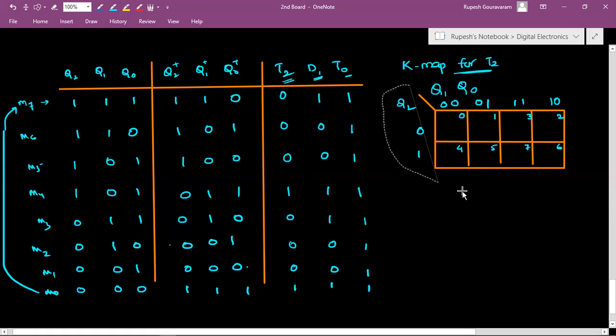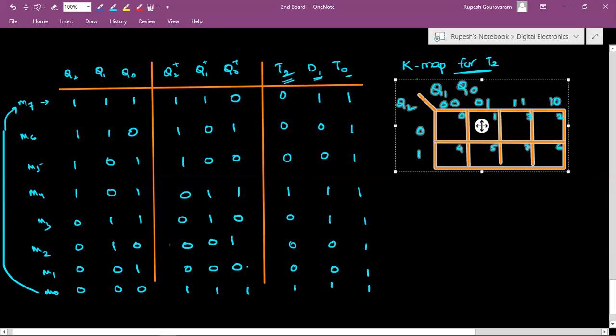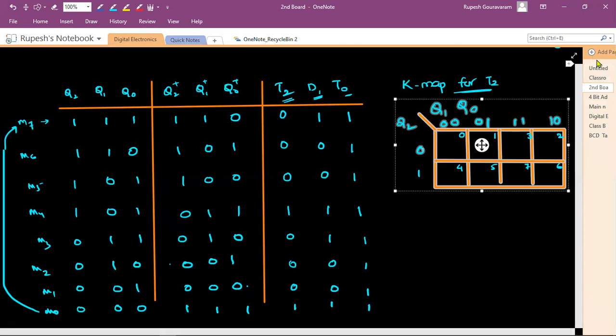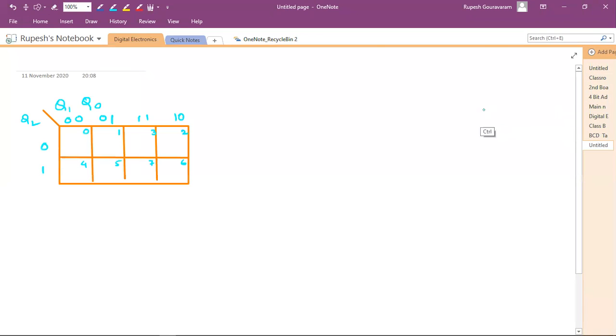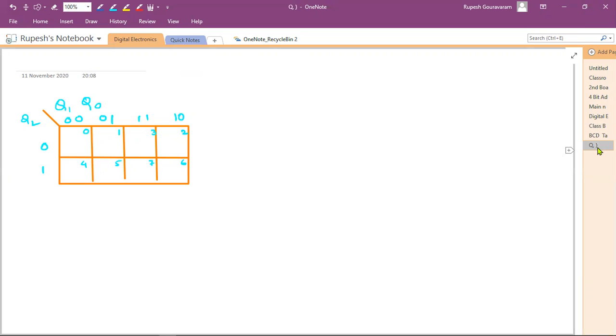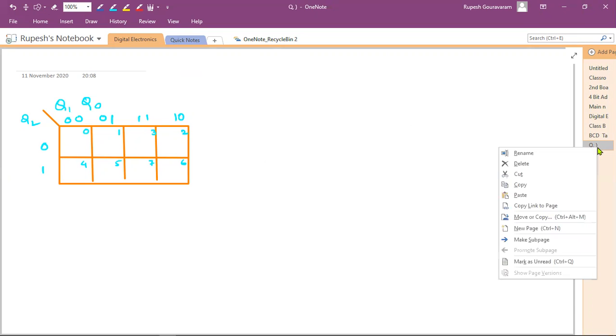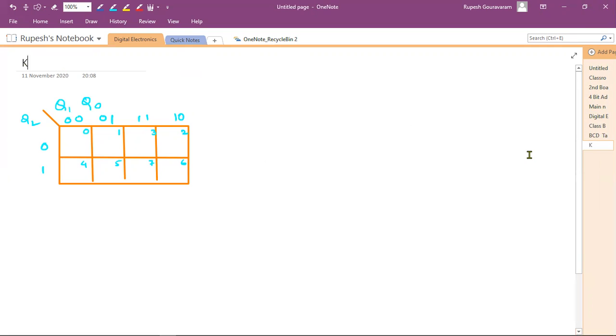Let us save this so that we will be utilizing it more times in the coming sessions also. We'll name this K-map.